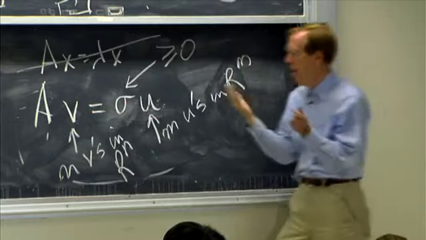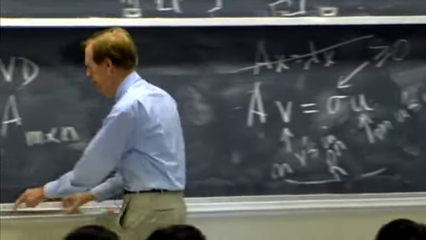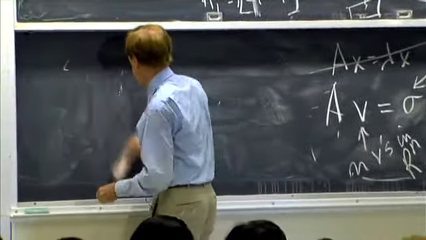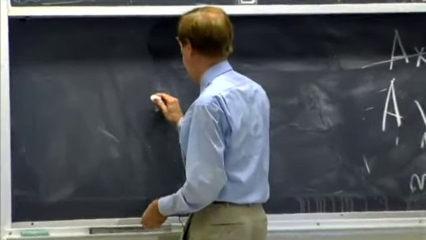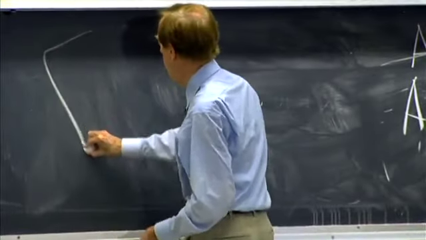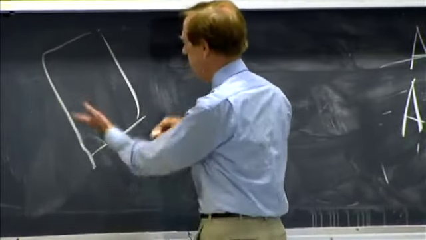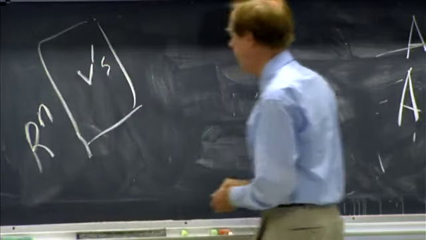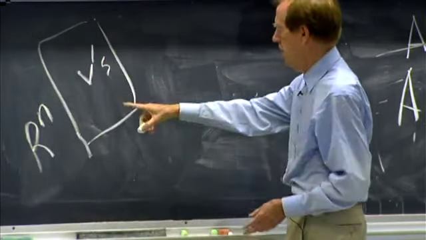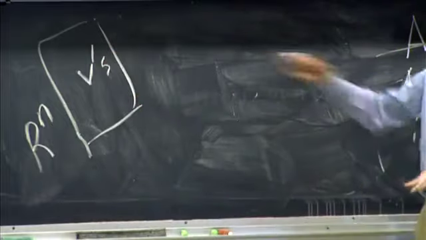Here's my picture of linear algebra. This is the big picture of linear algebra. Over here is n-dimensional space. We have V's. Think of that as n-dimensional space.